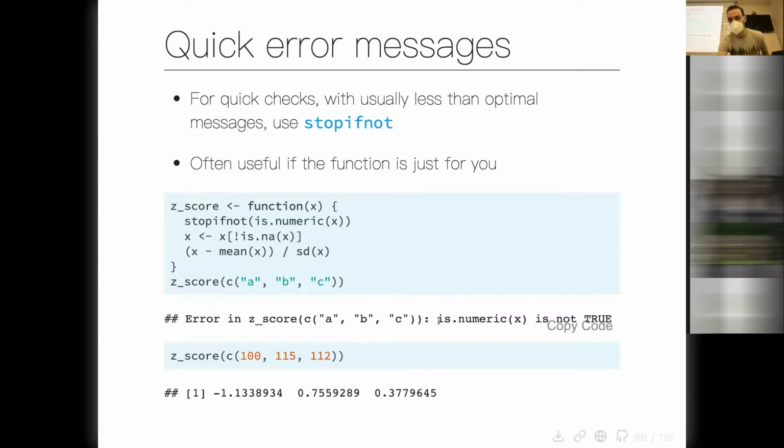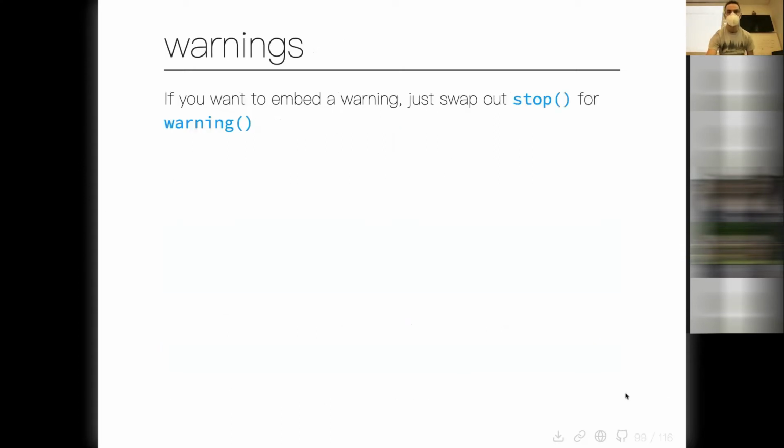It just says is.numeric(x) is not TRUE. So it's not the best error messaging, and that's why you should probably prefer stop to stopifnot, but it can be a nice quick way to write an error condition.